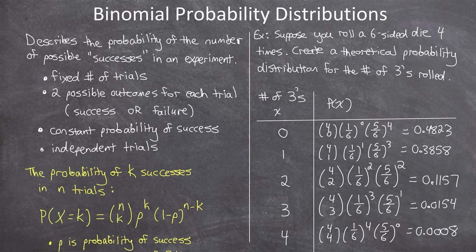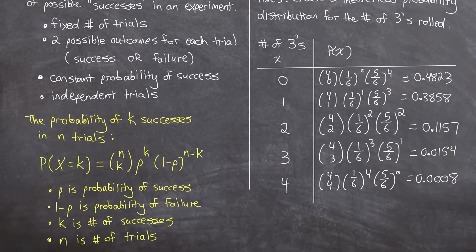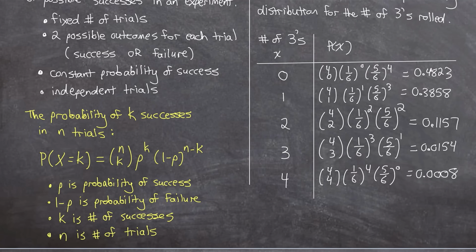For any probability distribution, the total of all the probabilities should equal 1. And also, if we wanted to calculate what's called the expected value of the number of 3s we would roll, there are 2 ways you can do that. For any probability distribution, you can just find the sum of each x value with its probability.